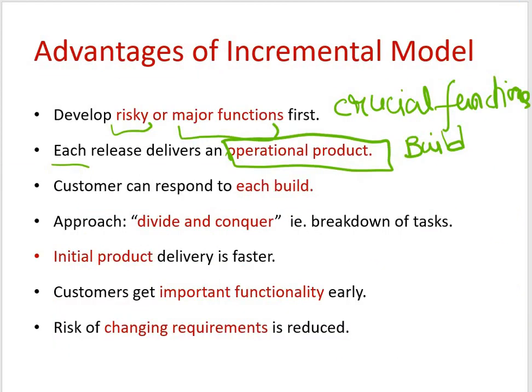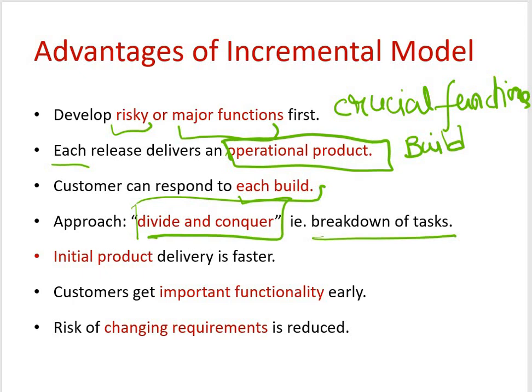Similarly, the customer needs to respond to each build because I'm delivering some of the functionalities, so the customer will respond back that it is fine, or that we need some changes to it. And as I said, this is a divide and conquer approach, that is breaking down tasks into smaller chunks, and then incrementing all these things, and you get a fully functional model.